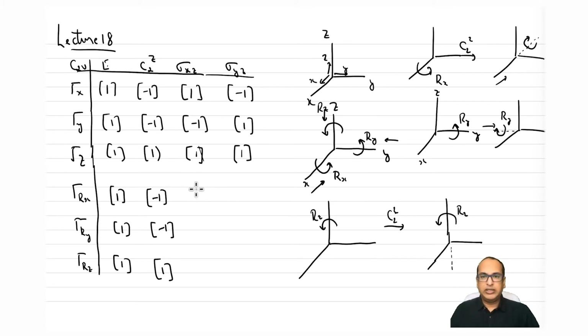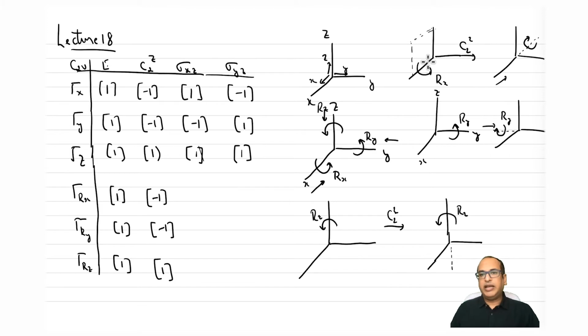So now let us look at what happens if we do a sigma xz operation onto Rx. So here is your Rx. If I'm doing a sigma xz operation, xz is this plane which is bisecting this particular vector, right?